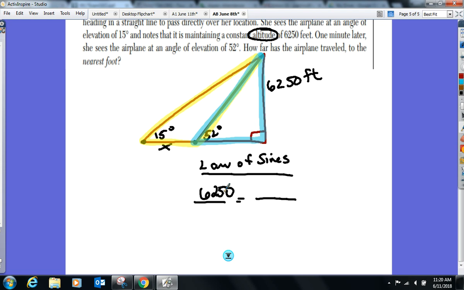All values have to come from the same triangle. 6,250, what's the angle across? Okay, hold on, not correct. Sine of 52. Now give me another side. You guys said I could find the hypotenuse, so I'll call it y. And what's that across from? Sine of 90.